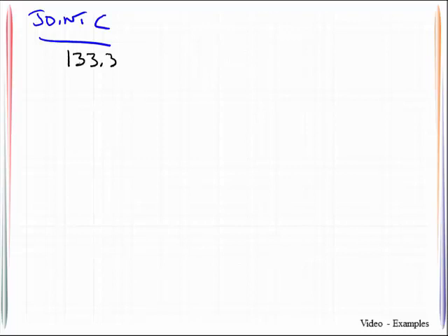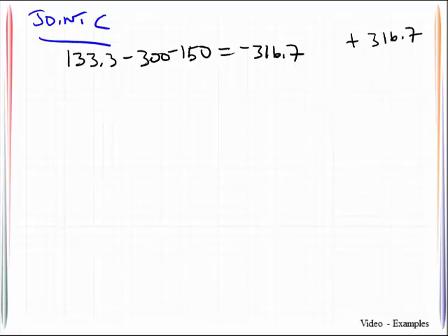133.3 minus 300 minus 150 is equal to negative 316.7. That tells me how far out of balance joint C is, which means I would need to add a 316.7 moment to that particular joint in order for it to work out. So I would distribute it according to the distribution factors.